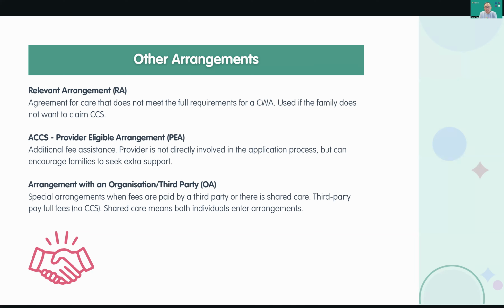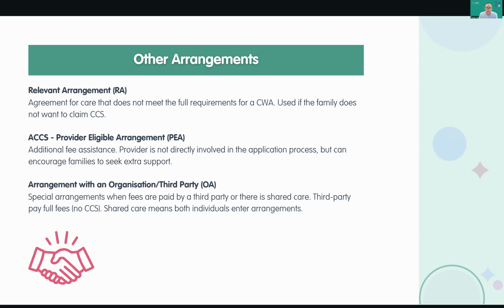Okay. So to quickly sum up, there are 3 other arrangements other than a CWA. The first is only relevant for families that do not wish to claim CCS.